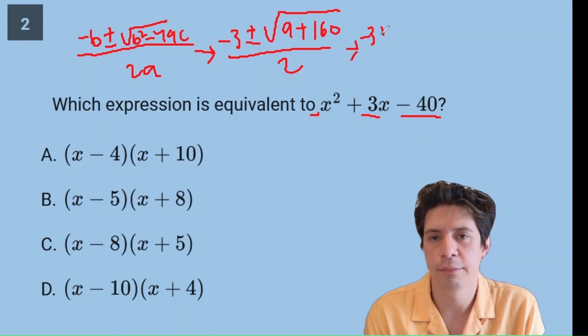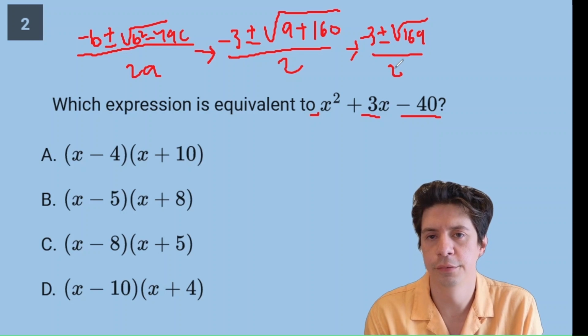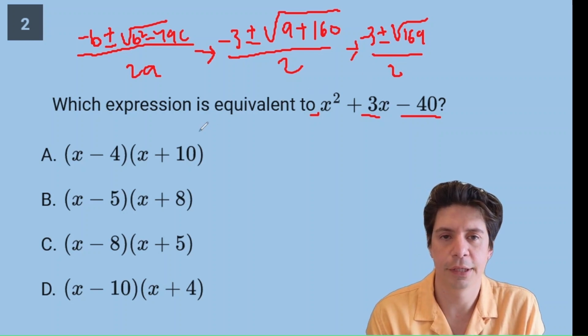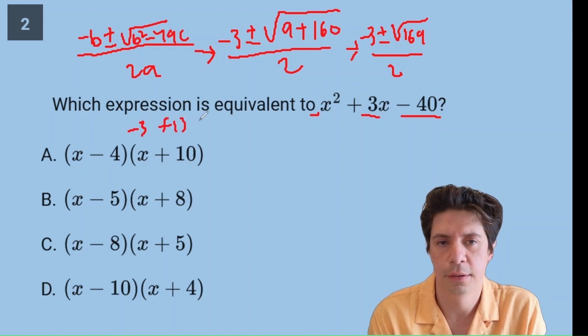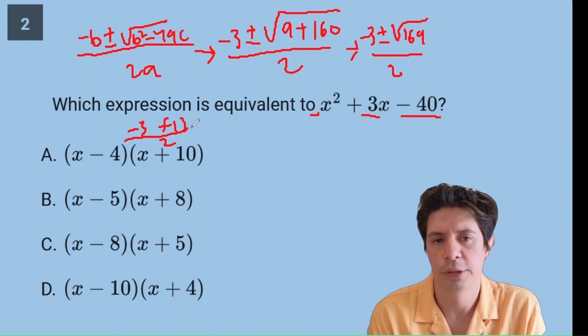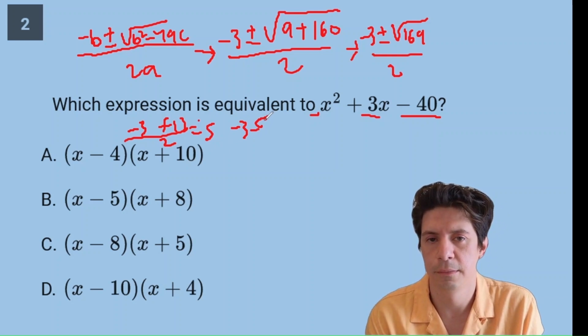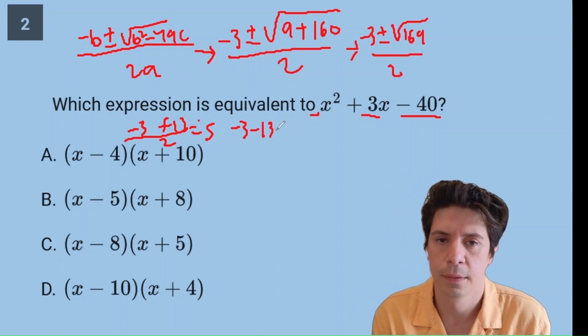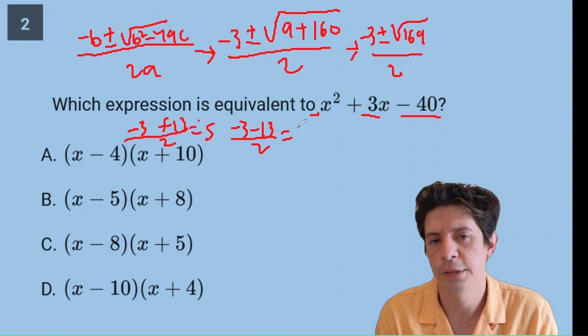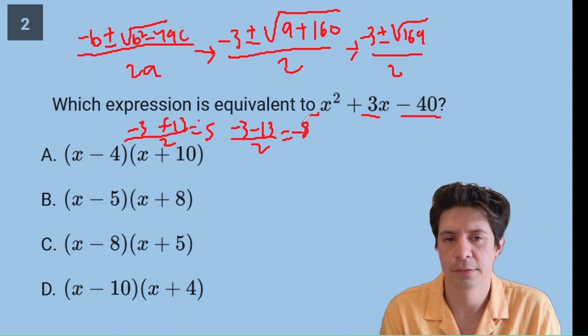negative 3 plus or minus square root of 169, all over 2, which is negative 3 plus 13 all over 2, which equals negative 3 plus 13 is 10, divided by 2 is 5, which is the x minus 5, or the negative 3 minus 13 all over 2, which equals negative 8, which is the positive 8.